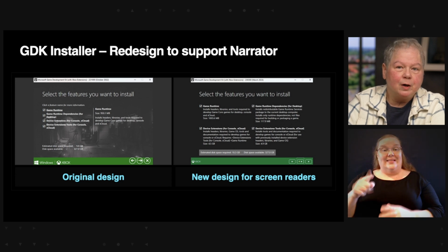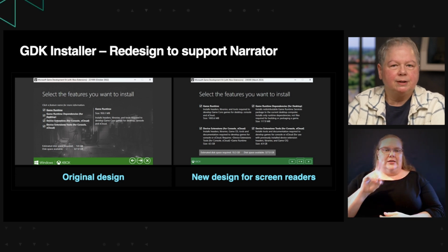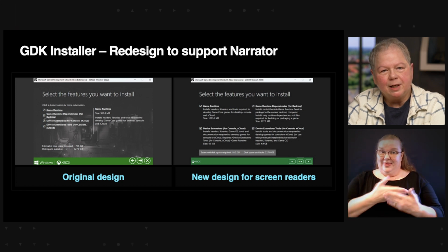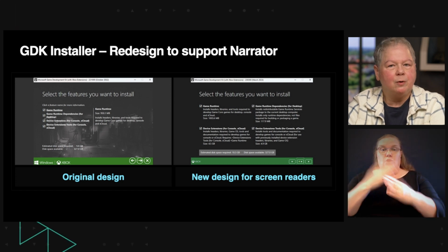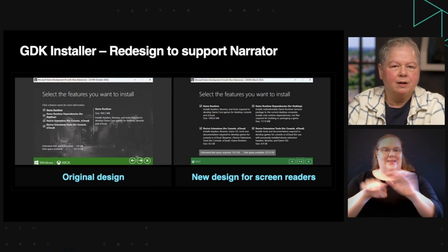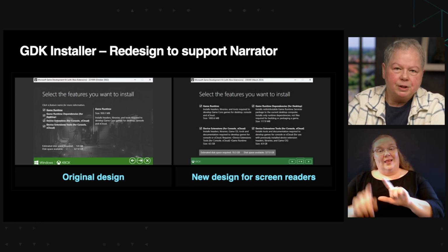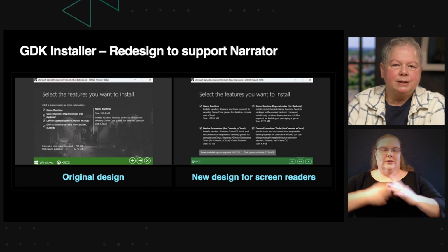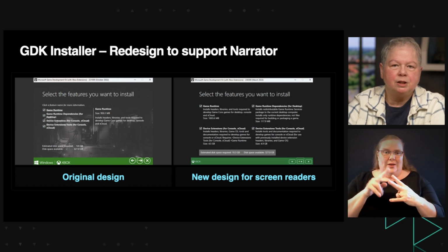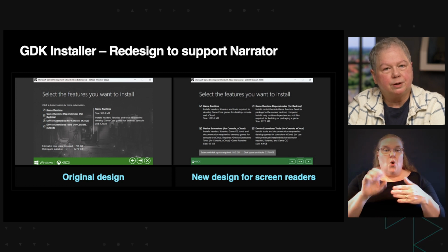This is a view of part of our GDK installer experience. One thing we ran into along the way was that sometimes you may need to redesign a UI in order to enable some accessibility features. On the left is the original design. We discovered that this design was not very friendly to either keyboard navigation or narrator support.